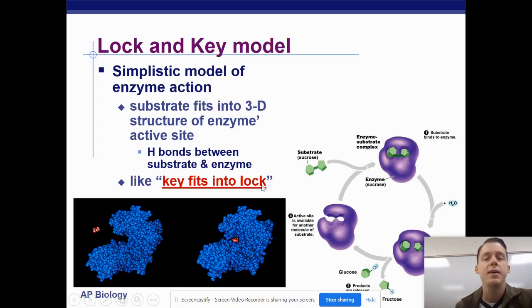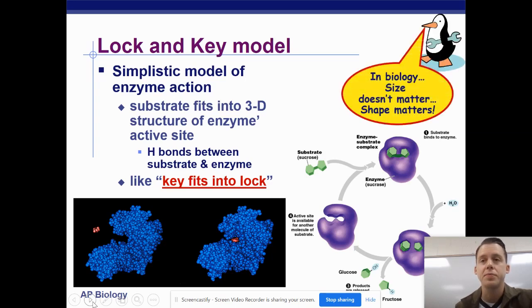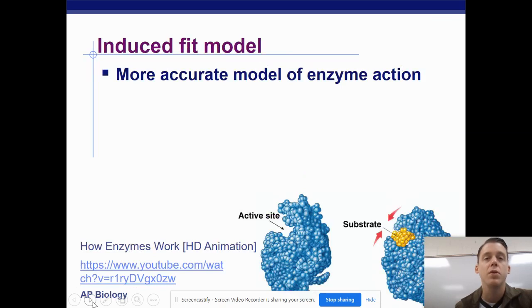And we see that in the picture. Like we just see that the substrate fits right into the active site, just like you would put a key into a lock. It's very, very simple.